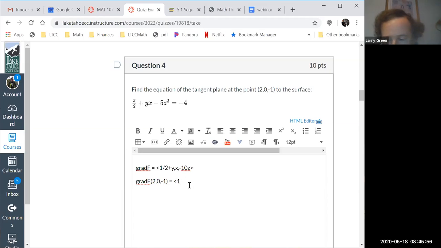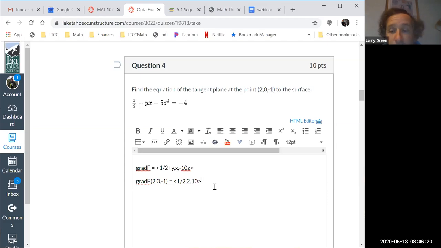And then for the second coordinate, we have x, and x is 2. And for the third coordinate, z is negative 1, so negative 10 times negative 1 is 10. Any questions on that? Okay, there's our normal vector.